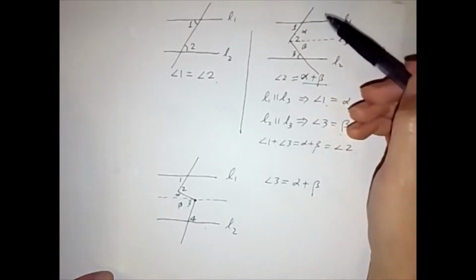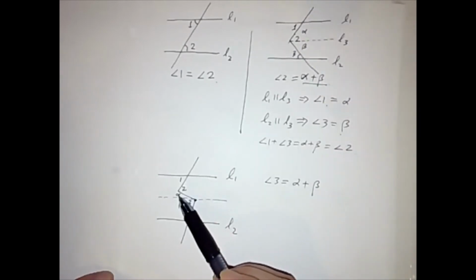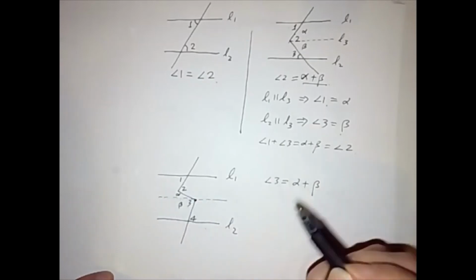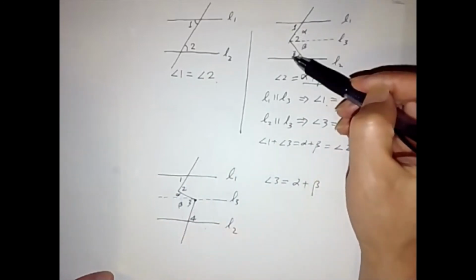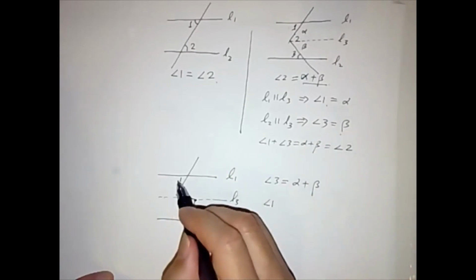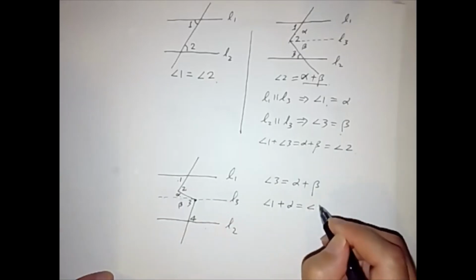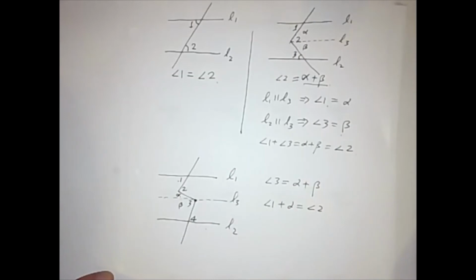From the second case we discussed, you see angle 1, angle 2, alpha, these three angles. You see the parallel line is L3, angles 1, 2, alpha, similar to 1, 2, 3 there. So we have angle 1 plus alpha equals angle 2, based on what we just discussed.